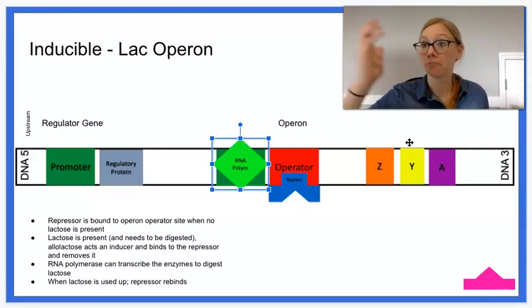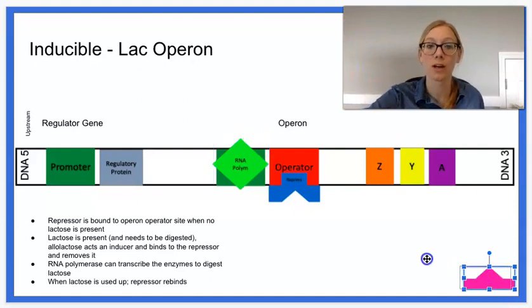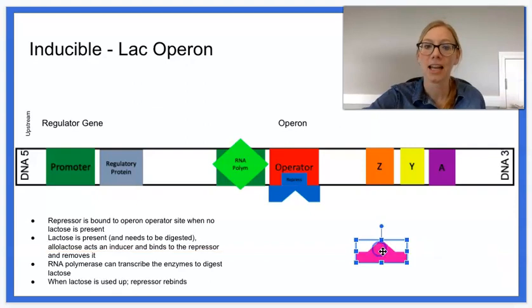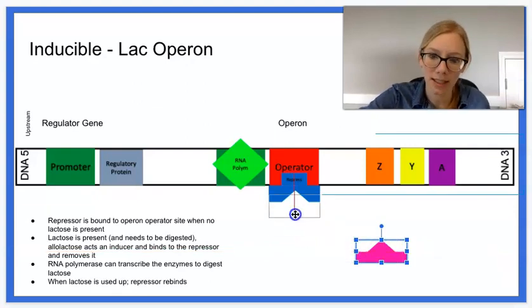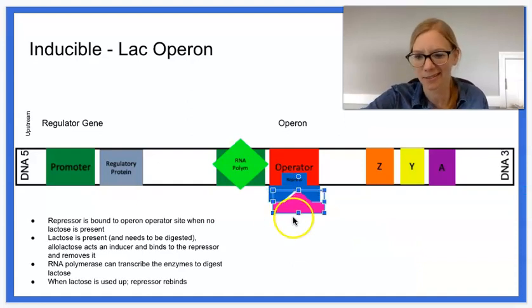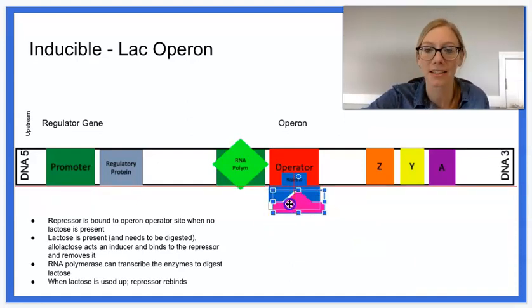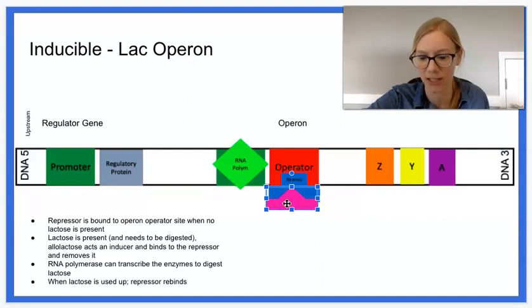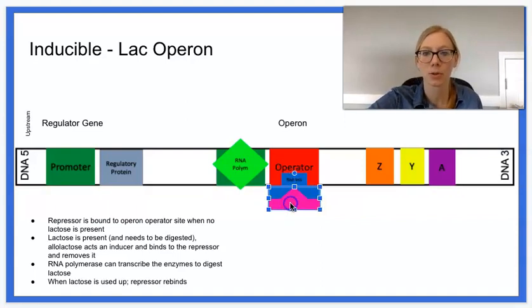So let's say you eat something, now all of a sudden there's lactose present, okay? When lactose is present, let's just say lactose induces this, okay? It actually produces a molecule that we call allolactose, which will bind to my repressor, okay?